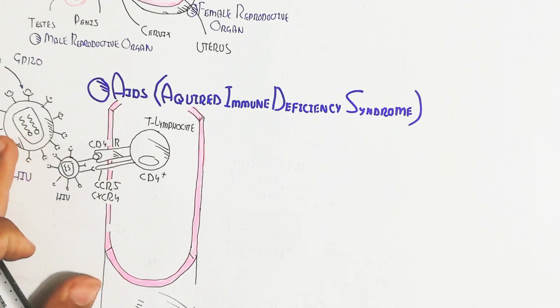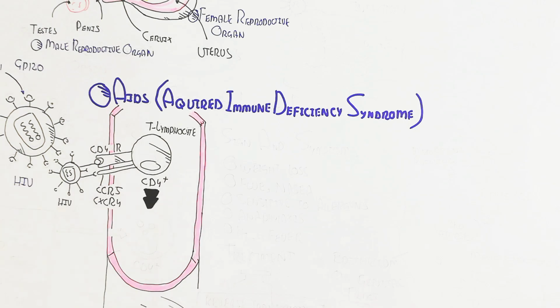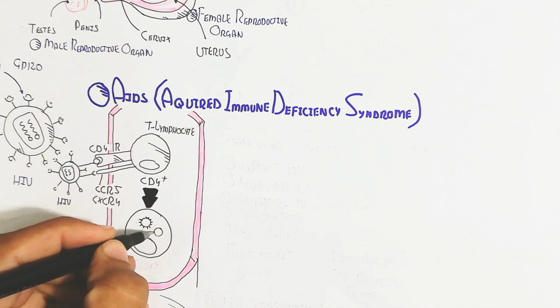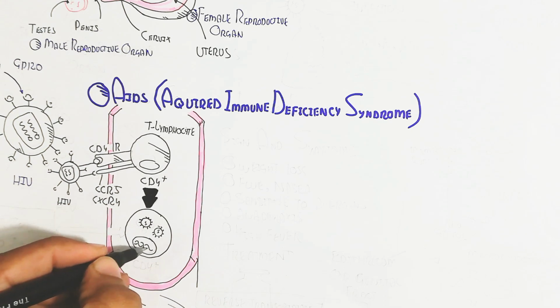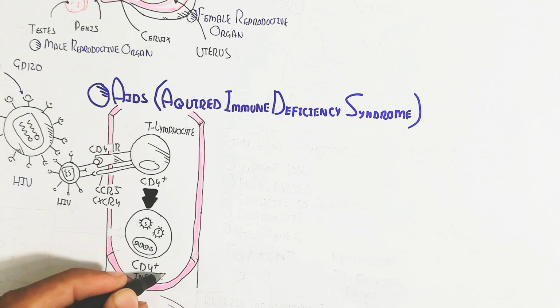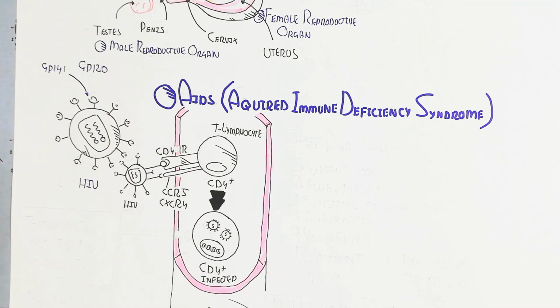After moving inside the CD4, it will replicate due to the reverse transcriptase enzyme. The RNA-containing virus will transcribe, replicate more and insert into the DNA of the CD4 to infect it.